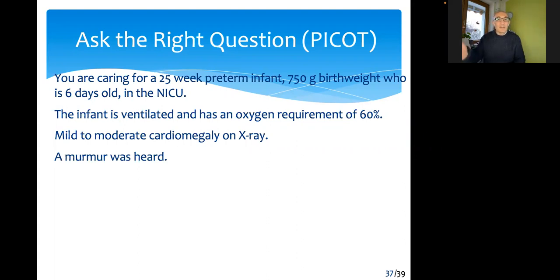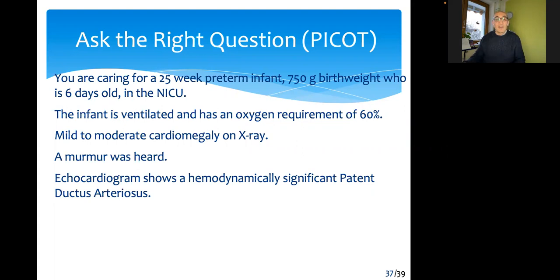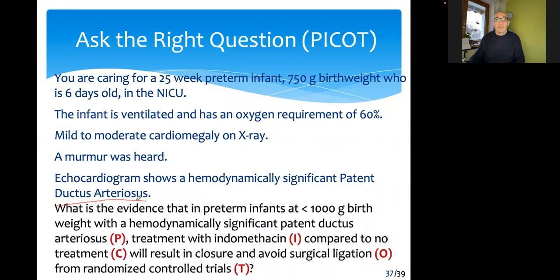So as smart students, when you read the story until this, you probably have a diagnosis in your mind, an assumption at least. And after doing the echocardiogram, we prove that there is patent ductus arteriosus. What to do with patent ductus arteriosus? First, let us ask our question.